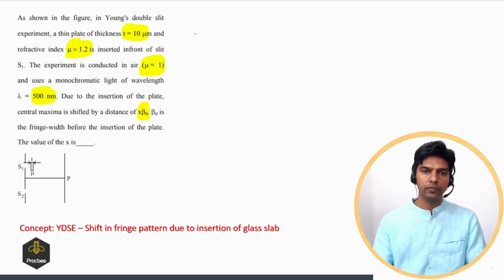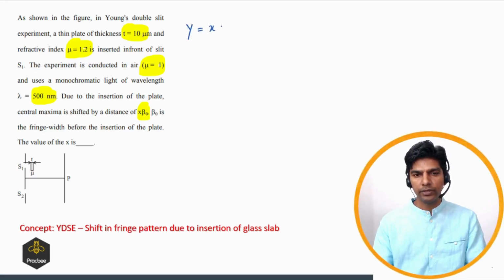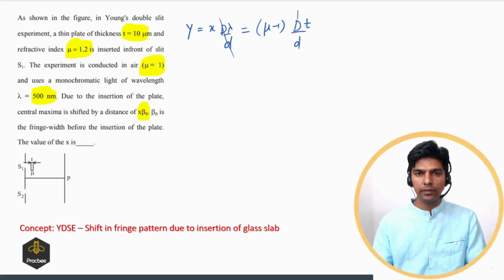Here the shift is given as x times beta naught, which is D lambda by small d, and this will be mu minus 1 capital D times t divided by small d. Now from this, capital D and small d will be eliminated and we have to find the value of x. So x will be mu minus 1 times thickness t by lambda.